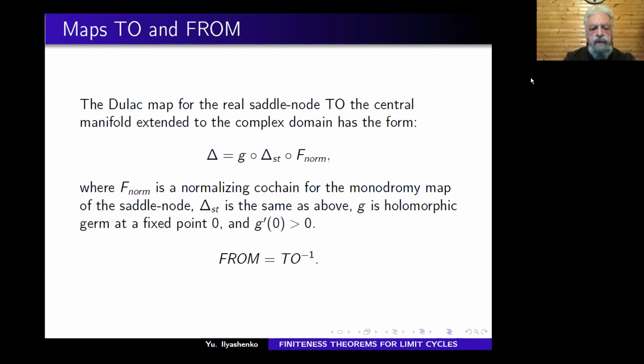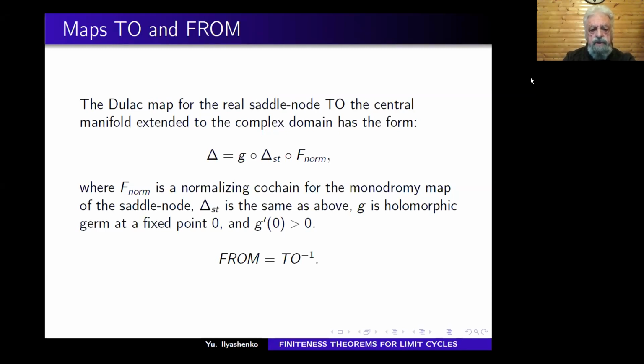A normalizing cochain gives rise to quite a new class of objects, cochains instead of functions, and they will be thoroughly studied in what follows. The next factor is delta standard. You may think about it as the exponential of -1/x, the classical flat function.